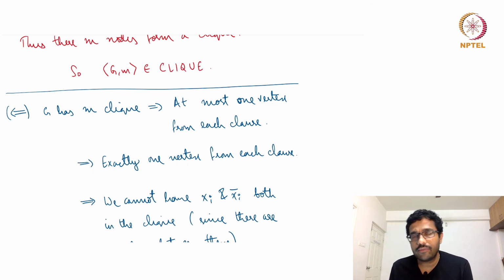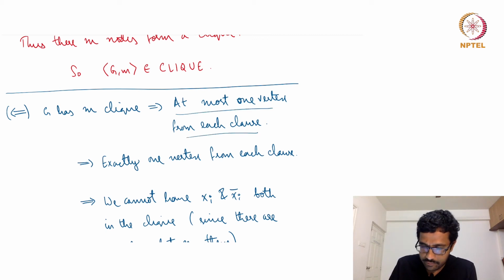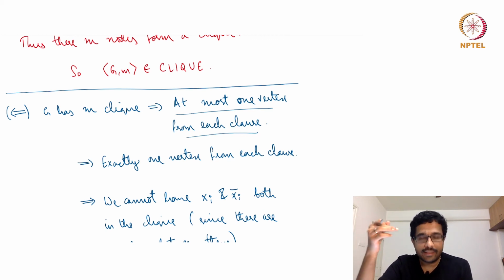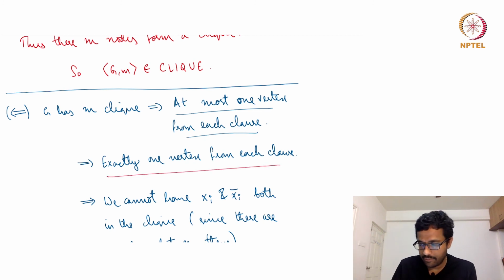So we will have at most one vertex from each clause. There are M vertices in the clique, and we can have at most one from each clause, which means we should have exactly one from each clause. We cannot have more than one, but we have to have M of them. So there has to be exactly one from each.